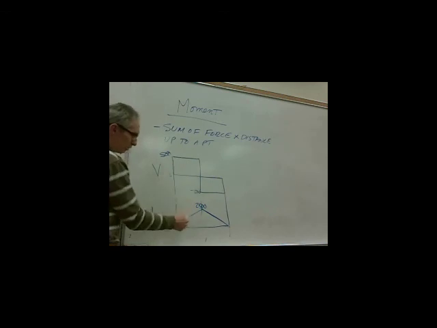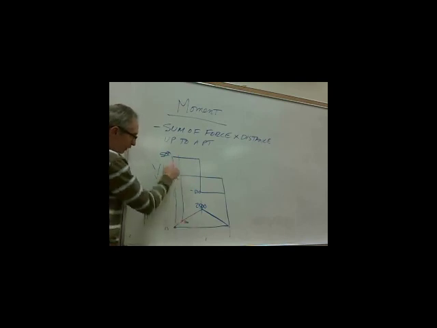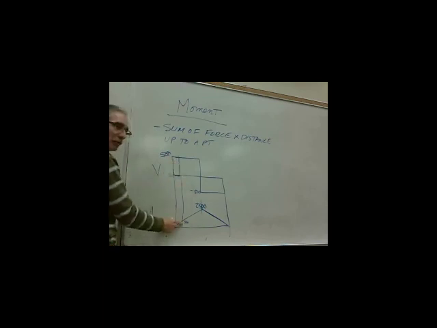What did you say the moment was when it was 1 foot out? 500. How would you get 500 foot-pounds from the shear diagram here? Wouldn't it simply be the area under the shear diagram? 1 foot times 500 pounds, 500 foot-pounds.